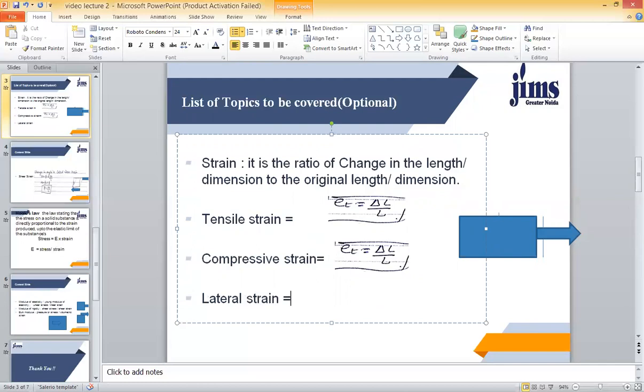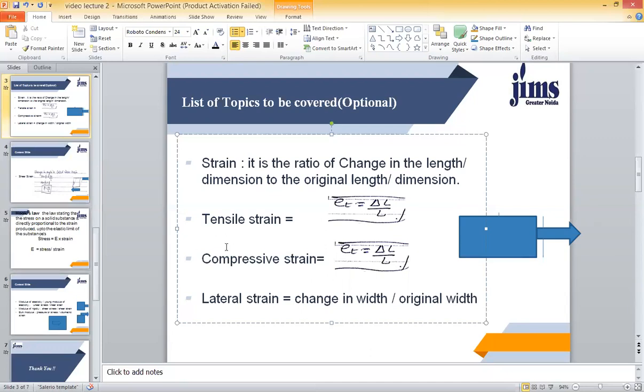The force is in the direction of length, and the change in width to the original width is called the lateral strain, only when the load is in the direction of length.